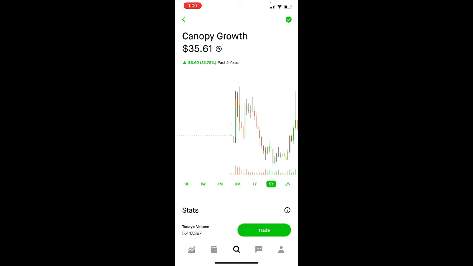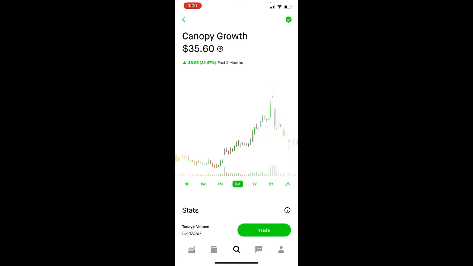This allows you to look at where the price has gone historically, to give you some type of indication on where it may be going, right? So say for instance, I'm thinking about getting into this stock. Let's look at the 3 month. What's happened with this stock in the last 3 months?